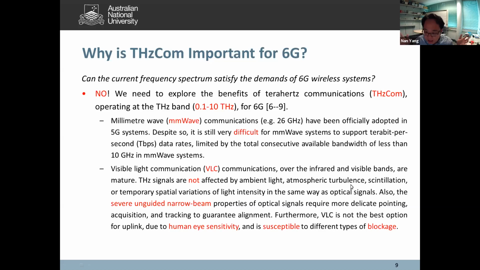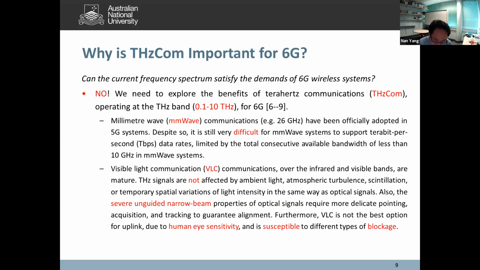At the same time, visible light communication has super narrow beam properties, such that it needs dedicated pointing, acquisition, and tracking to guarantee precise alignment. Apart from that, visible light communication may not be the best option for uplink because of human eye sensitivity. And visible light is always very vulnerable to different types of blockage.